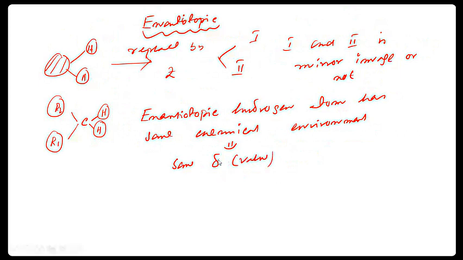That's why if the question is asked whether enantiotopic hydrogens can have signals at different places, that is wrong. We cannot detect the enantiotopic protons by NMR spectroscopy. These appear at the same ppm value. So enantiotopic hydrogens or protons cannot be detected by NMR. Very fundamental.